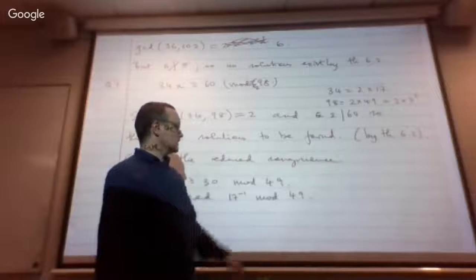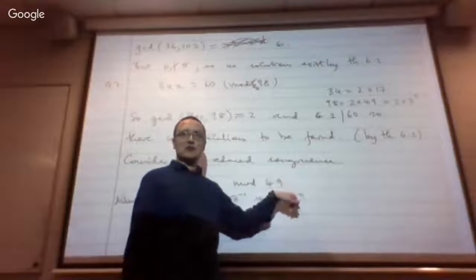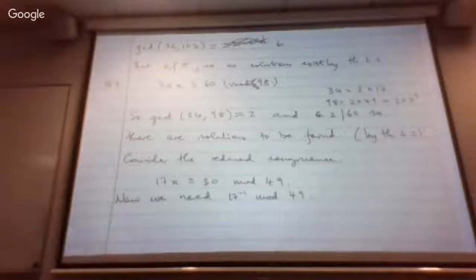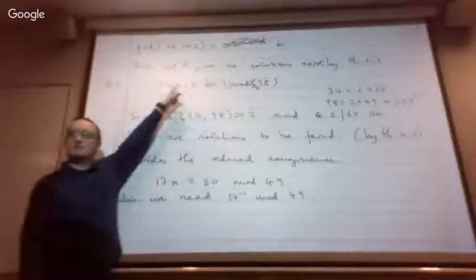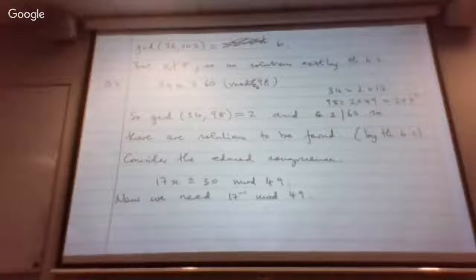We'll use the calculator. We use the Euler totient function value on 49, and you raise 17 to the power of 1 less than that, and find out what it is modulo 49. Yes, question. Why did we get the 17 and 30? Dividing across by 2. So we're reducing everything by 2, dividing across by the GCD.